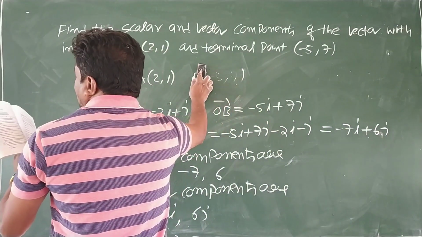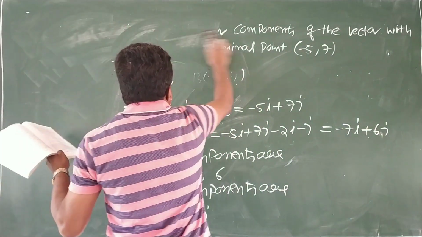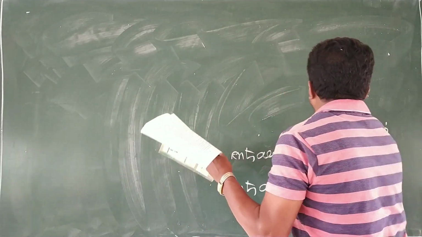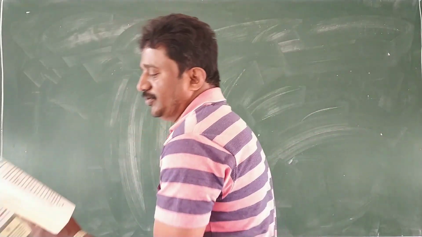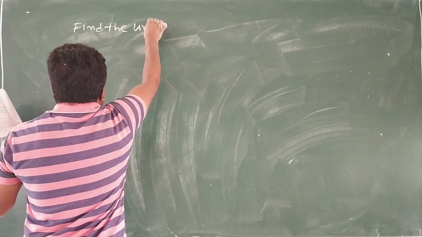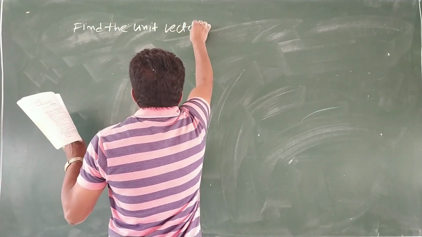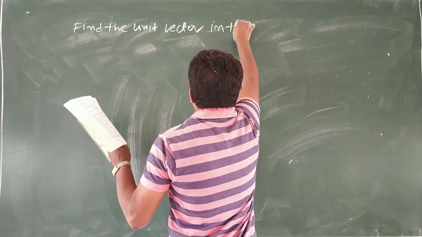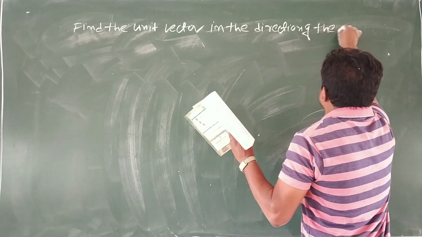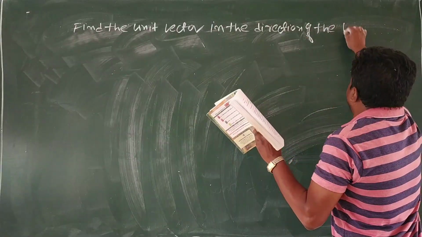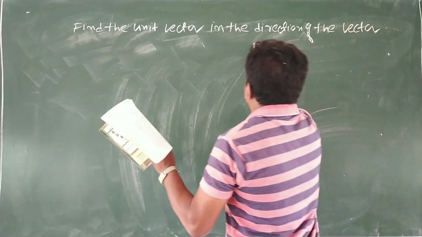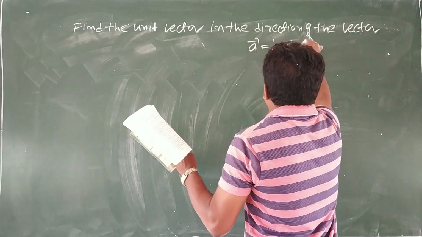Next question. Find the unit vector in the direction of the vector A equals i plus j plus 2k.